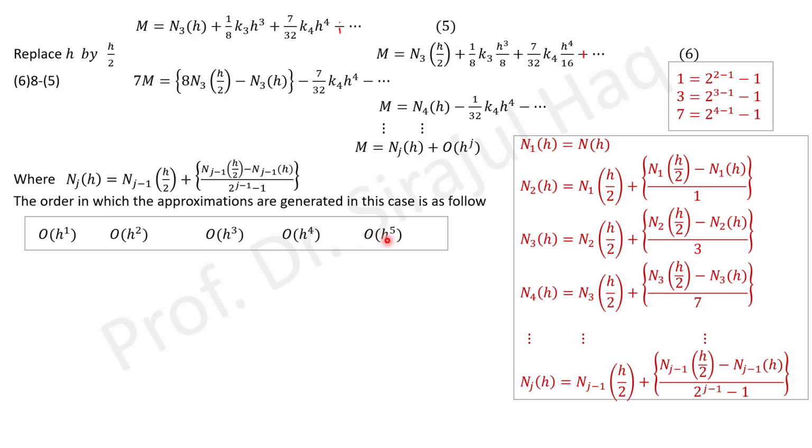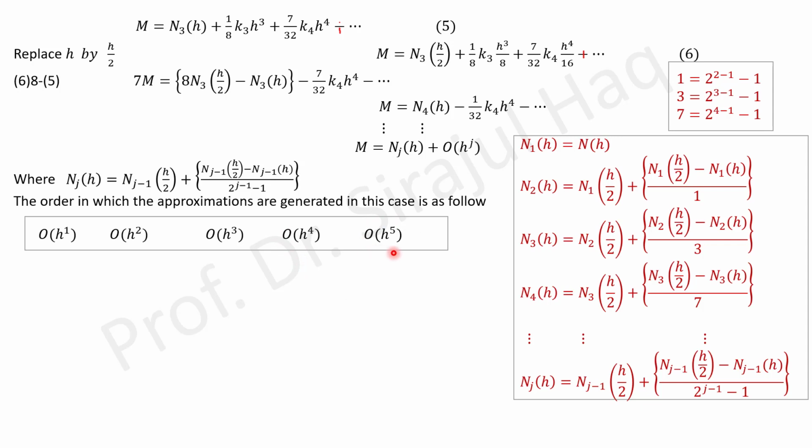If someone asks you to use the Richardson extrapolation to get error of order h raised to the power 1, you need to find out N1. If asking you to find out of order h square, you have to find out N2. Of order h cube, you have to find out N3. Of order h4, you have to find out N4.